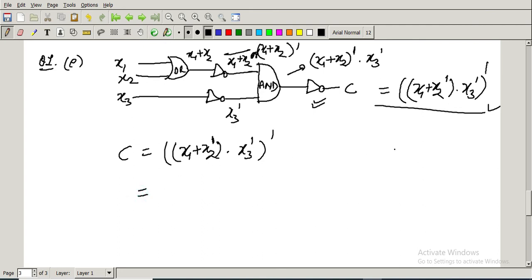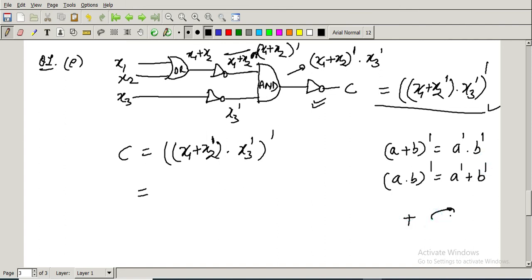Because in De Morgan's law, (A plus B) complement will be A complement dot B complement, and when we have (A dot B) complement, it is A complement plus B complement. Means the plus is changed to dot and the dot is changed to plus, means OR is changed to AND and AND is changed to OR.